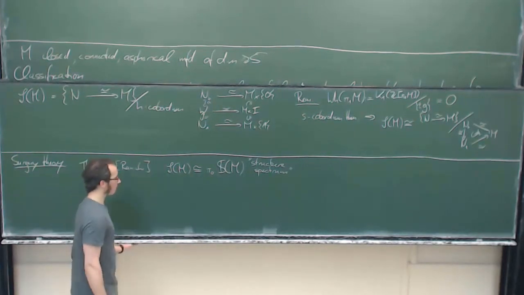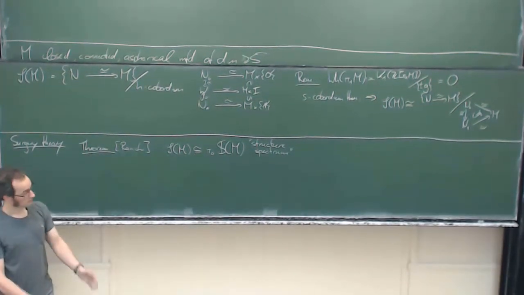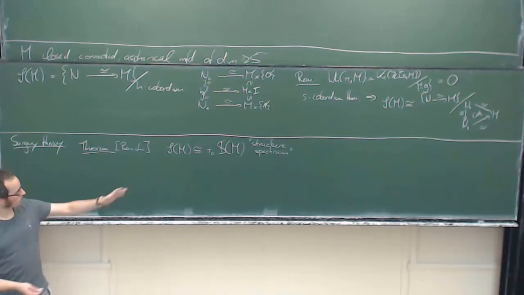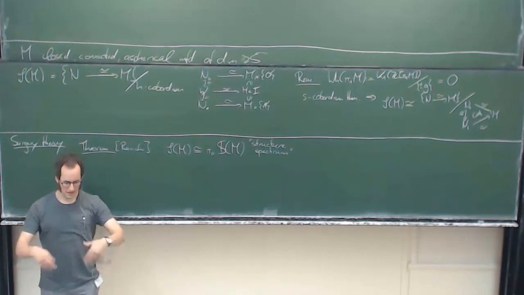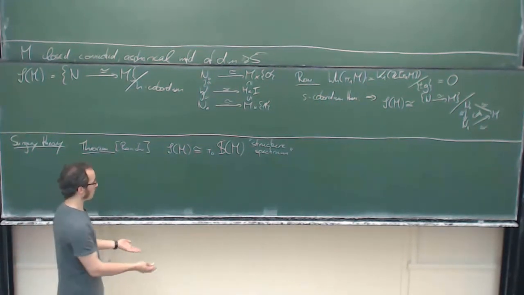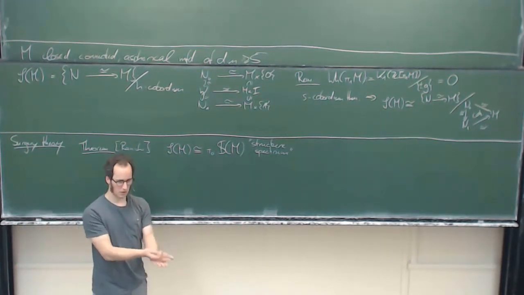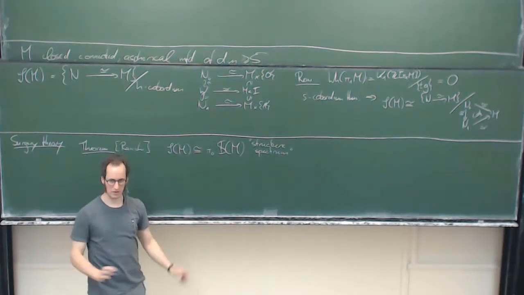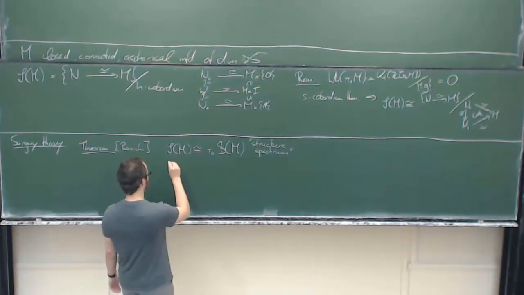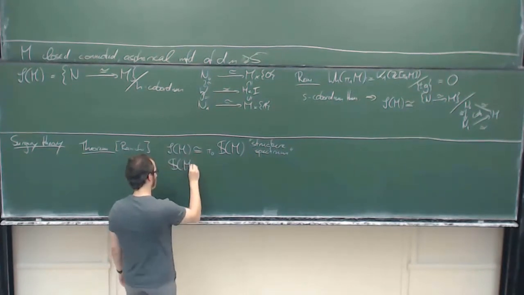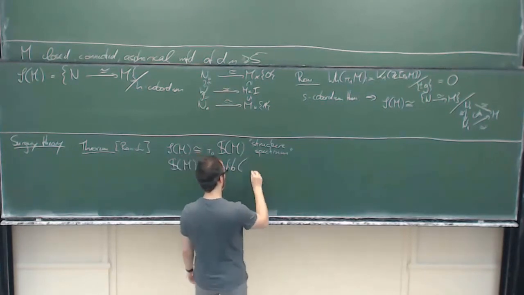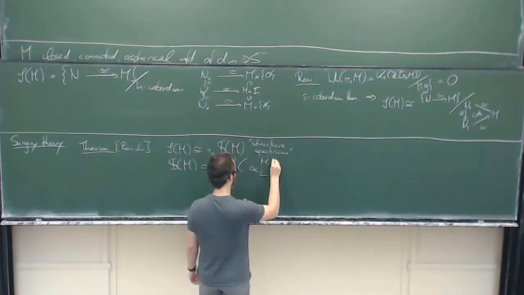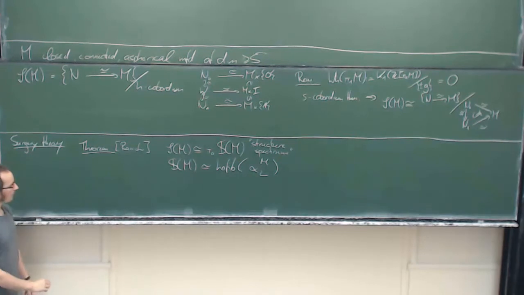And moreover, this structure spectrum, whose homotopy groups are known to sit in a long exact sequence, actually arises as the homotopy fiber of a certain map. And this relation is precisely the relation that gives us the long exact sequence that people have been studying before. So moreover, this structure set can be identified with the homotopy fiber of a certain map, which I'd like to call alpha_LM, and which I'm going to explain next.